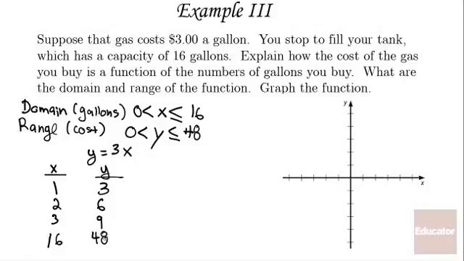So if I say that, I have 1, 2, 3, 4, and on, and then on the y-axis I could have 3, 6, 9, 12, $15. I can graph these by forming some coordinate pairs.